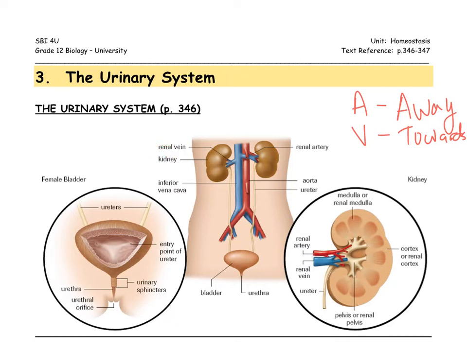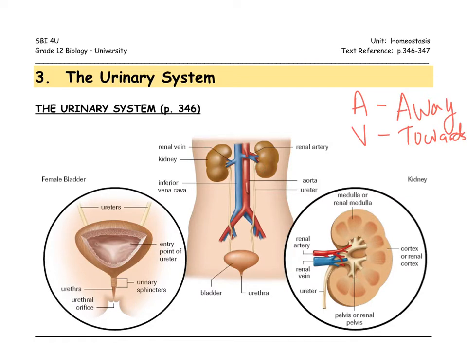Anytime you see renal pelvis, renal vein, renal artery, that refers to the kidney. So renal vein, well, veins go towards the heart, which means it's going away from the kidney. My renal artery means away from the heart, which means towards the kidney.